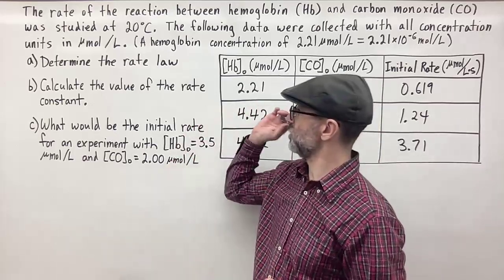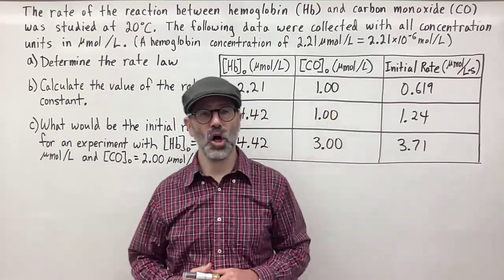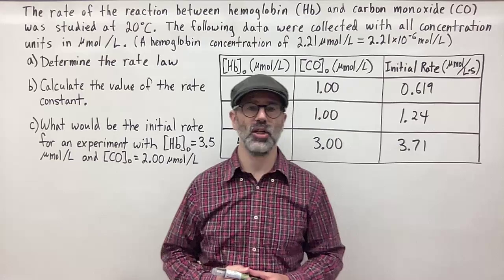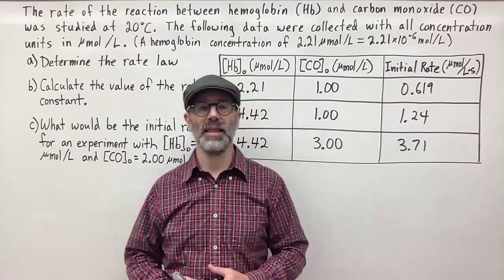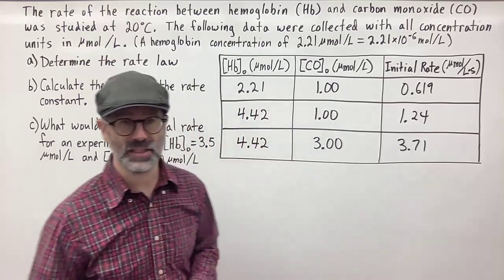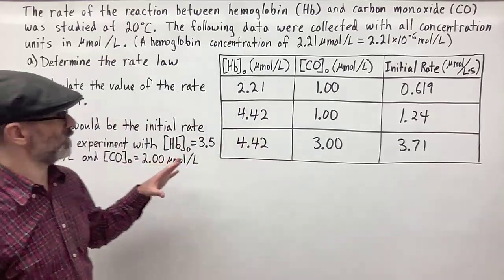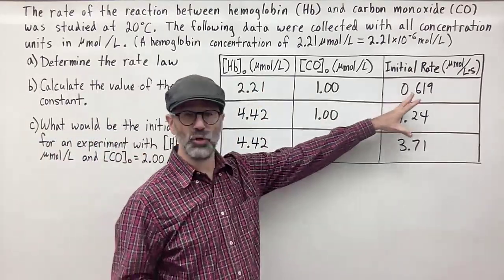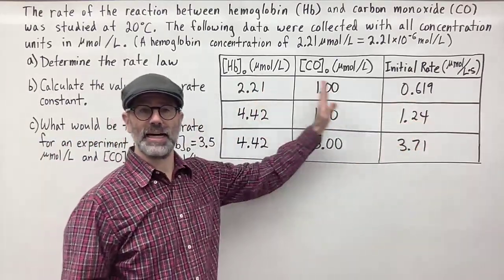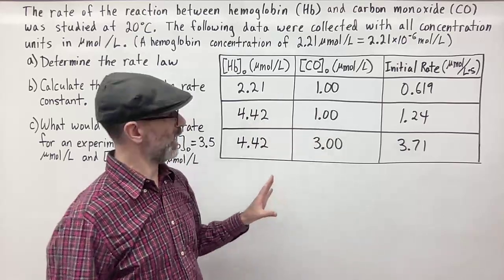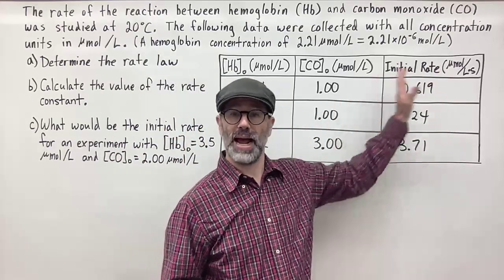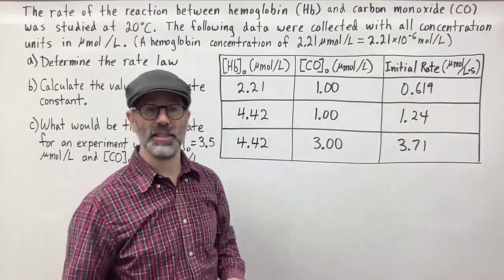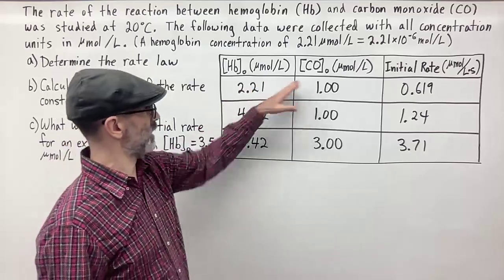The first one is determine the rate law. When we're determining the rate law, we need to compare the concentrations and the change in concentrations depending on the initial reaction rate. So we look at the concentrations they give us, and the initial reaction rates that they give us using the initial concentration.